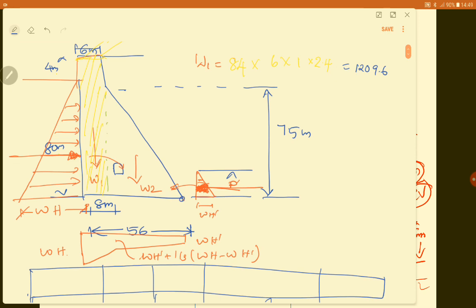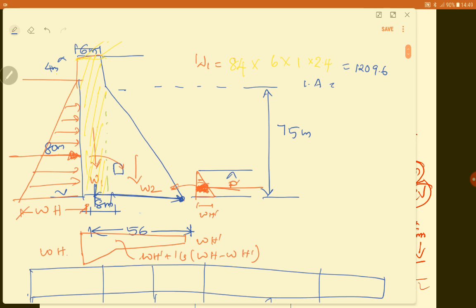Now, where does this W1 act? As far as this toe is concerned, where does this W1 act? What will be the lever arm for this W1? The lever arm will be the distance, right? The distance from the center of gravity of this figure to this point. This distance is the lever arm. Lever arm will be equal to, what is this dimension?